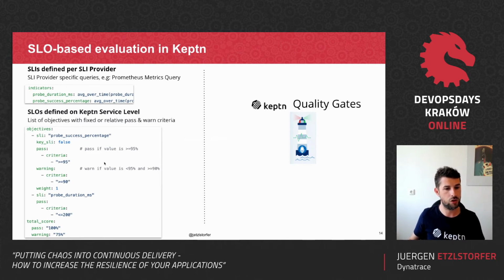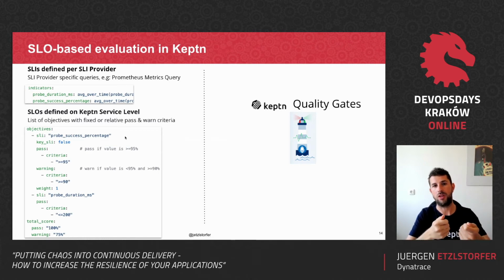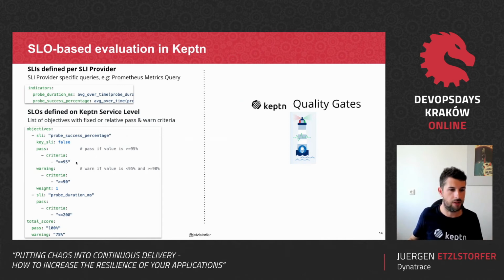We can just define, for example, the probe success percentage, basically, let's say, the availability of the service has to be higher than 95% within a given time frame. Or the duration, basically how fast the application can respond to the probe, has to be faster than 200 milliseconds. So we can write our service level objectives for some kind of a service.